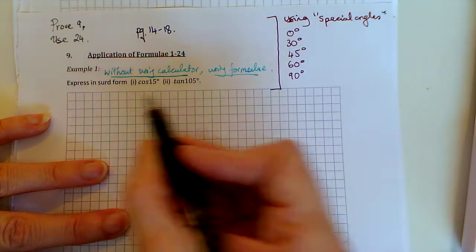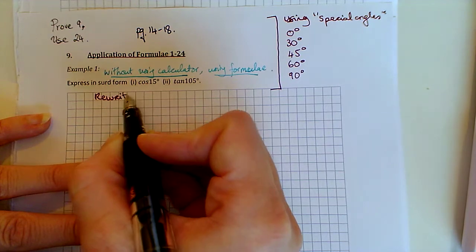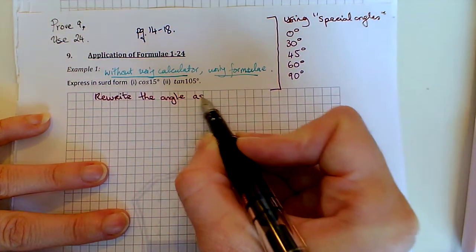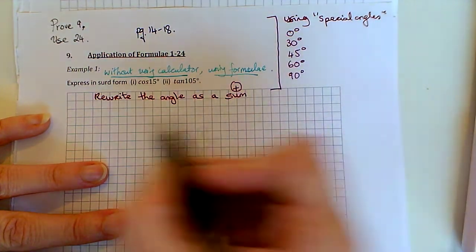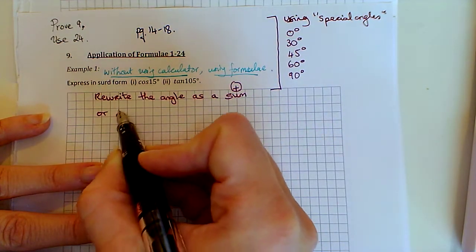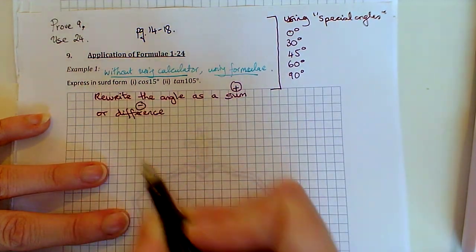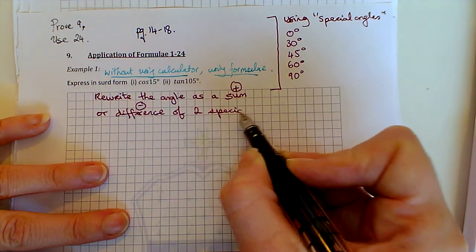So all of these questions, we're going to rewrite the angle as a sum, adding 2 angles together, or difference, minusing 2 angles together, of 2 special angles.